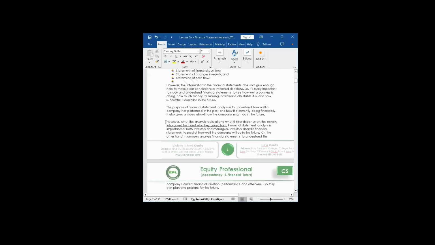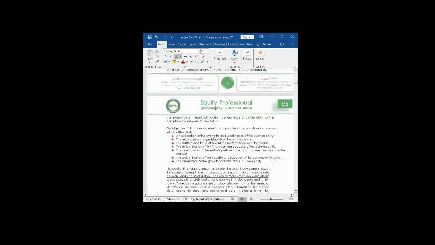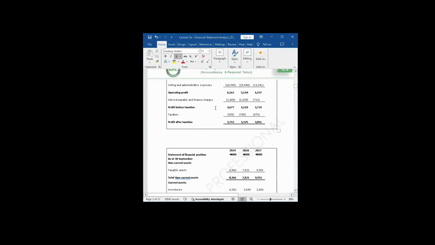However, please note that any analysis that we are doing, we largely, to a very large extent, depend on the person who commissioned that analysis.